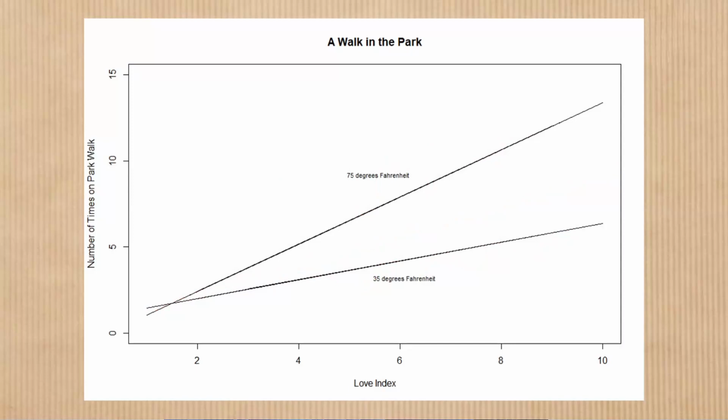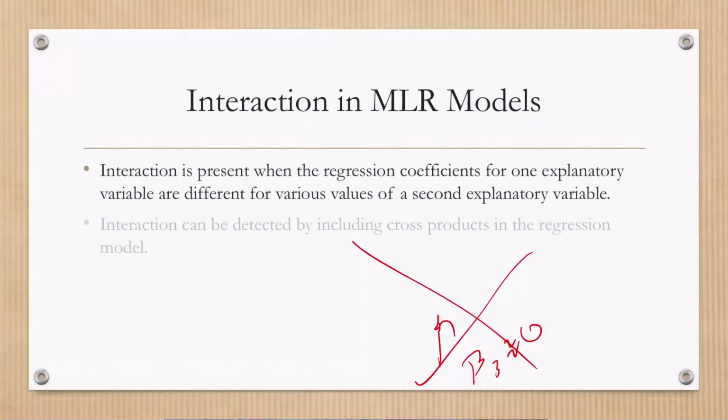I have made an effect conditioned on 75 degrees and another one conditioned on 35 degrees. So you can find values of the moderating or interacting variables to condition on, and then you can talk separately about the individual effects.